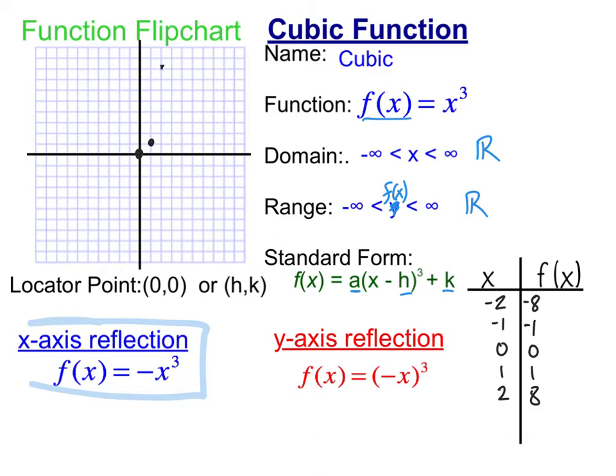Here is (2, 8), and (-1, -1), (-2, -8). There is your cubic function. I notice it's going up and down very, very fast. The main locator point is at (0, 0) for h and k. And then make sure we label our coordinates.